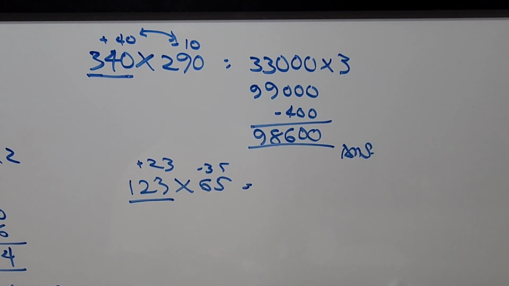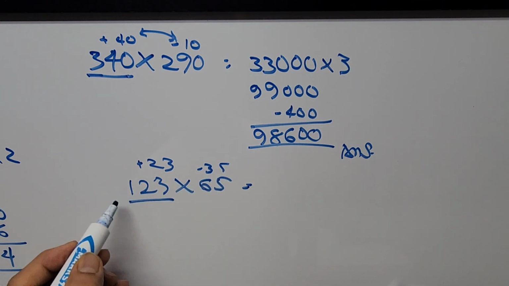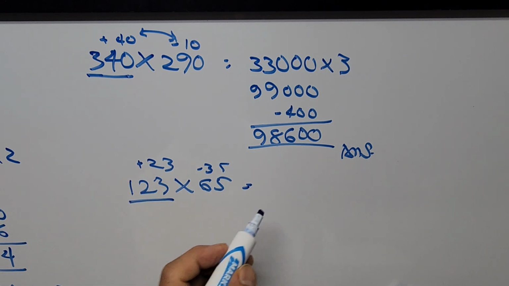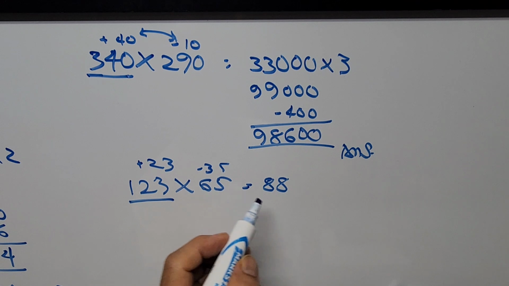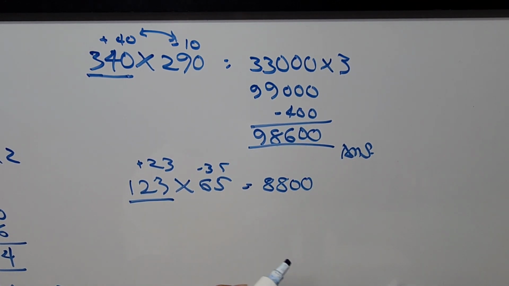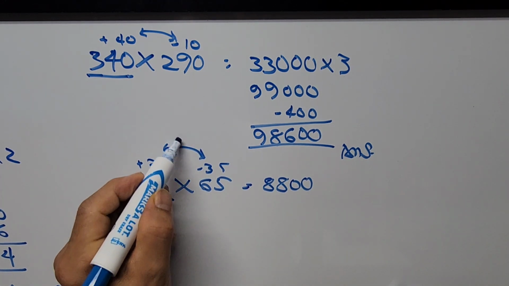So first part of our answer is add these both, or the other way around, these two. So 65 plus 23 is 88. And 3-digit number, multiply it by 100 and just add 2 zeros. That's the same way. And then second part of our answer is multiply these two numbers right here.